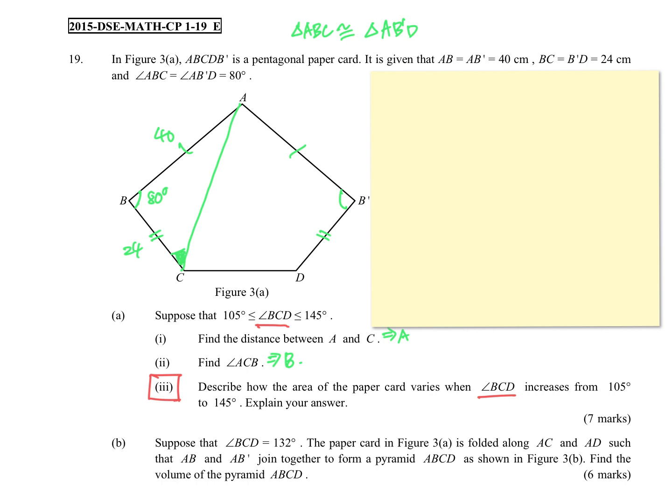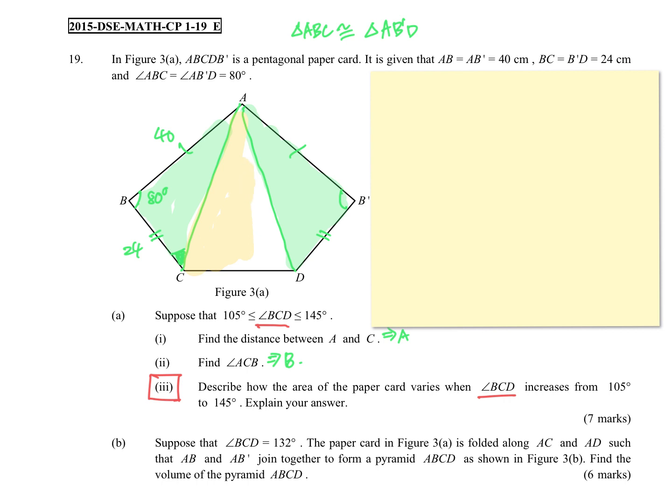With all the green labels here, the green triangle is fixed, no variation. Also this triangle, congruent to the triangle on the left, is also fixed. So the only triangle which is not fixed would be the yellow triangle, triangle CAD.